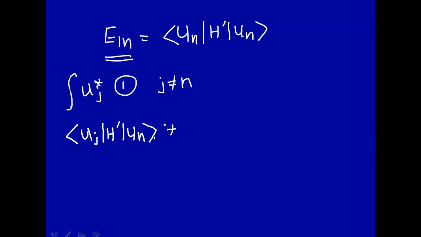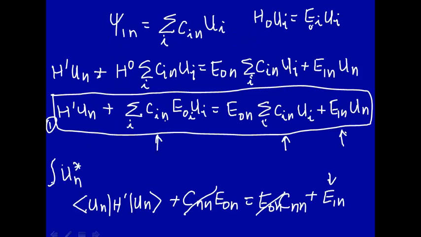And let's see what else we got here. We're going to multiply this term on the left with u_j, where j is not equal to n. And it looks like when u_i, or i, is equal to j, that'll be plus 1.